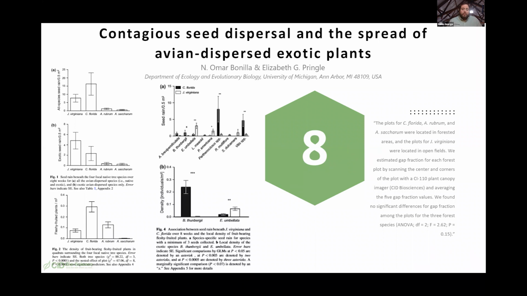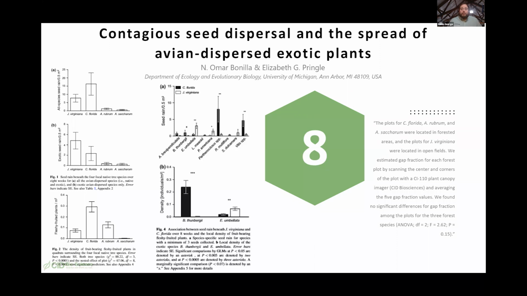How they actually used the CI-110 in this situation was not for any data that they would use in their final evaluation or assessment, but more to make sure that their variables were being controlled. They utilized it to make sure there was no significant difference in gap fractions among the plots they were looking at. So they wanted to control those variables.